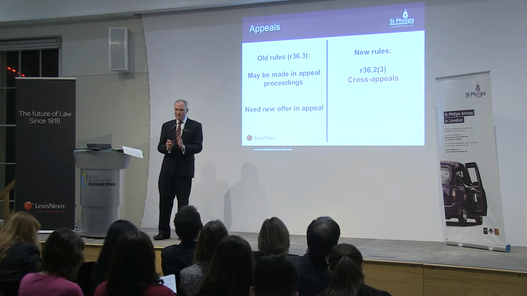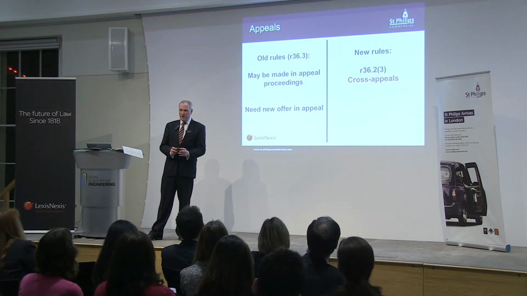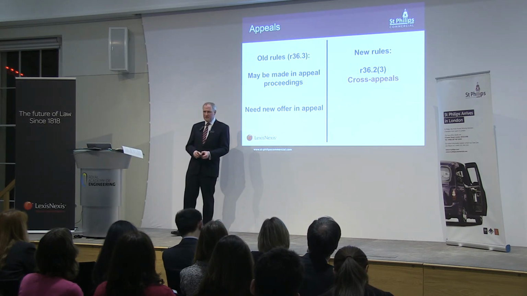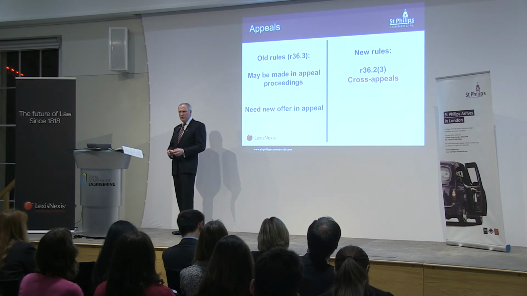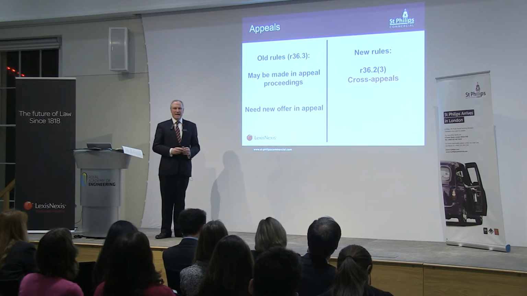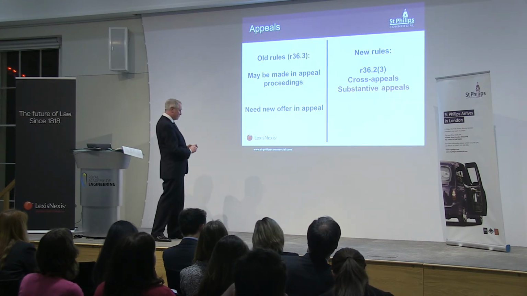And what we hope is the net effect of these new rules is that there is no class of litigant who can't make an effective Part 36 offer. It doesn't matter whether you're claimant, defendant, whether you're a defendant with a counterclaim, whether you're a third party, a defendant to a third party claim, whether you're an appellant, a respondent with or without a cross appeal, you can make a Part 36 offer, is at least our intention.